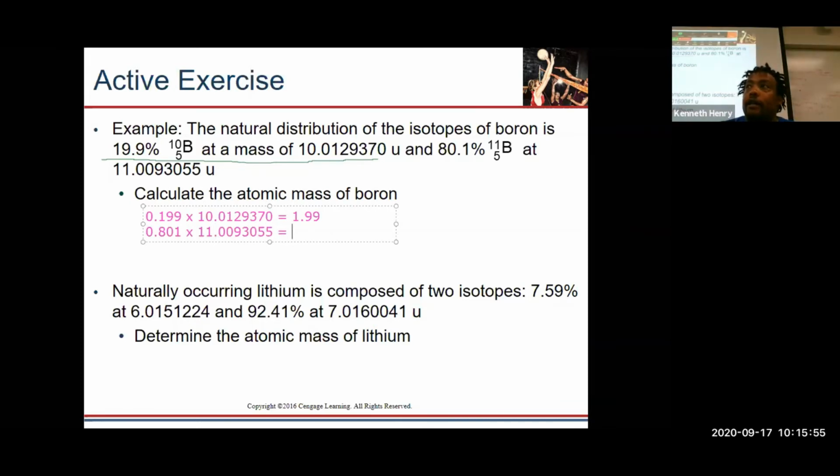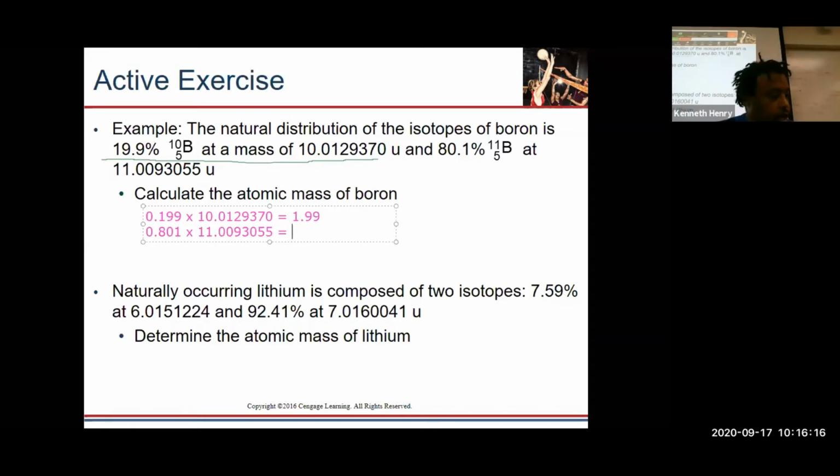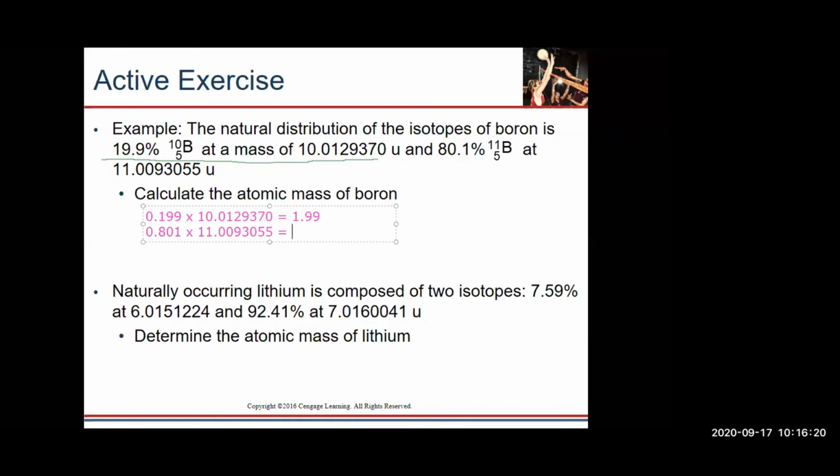And what do I get? How many sig figs am I looking for? 3. And wouldn't it be 8.01? Oh, wait, no. 8.82. You said 8.82? Okay.